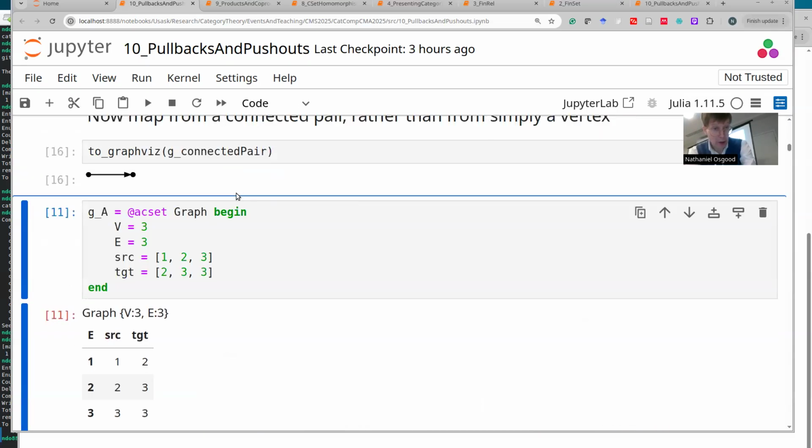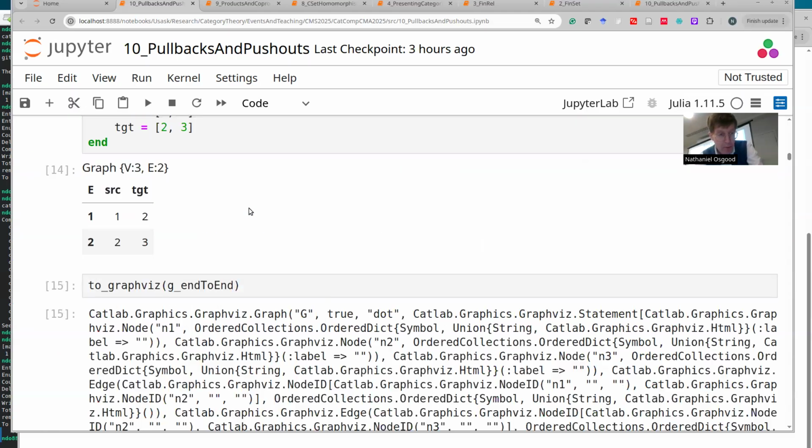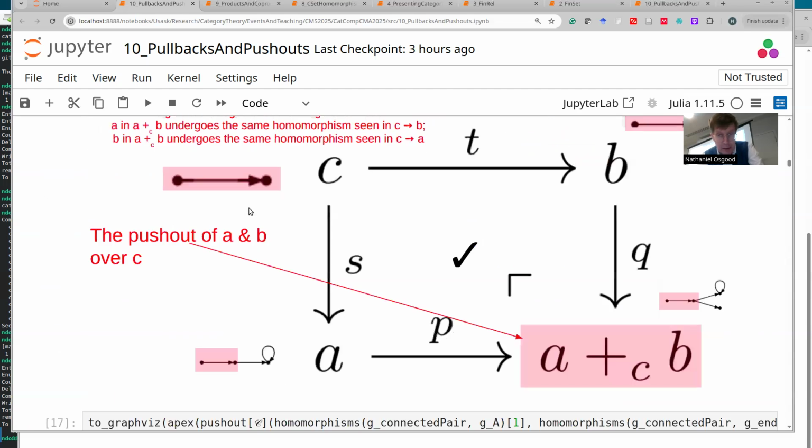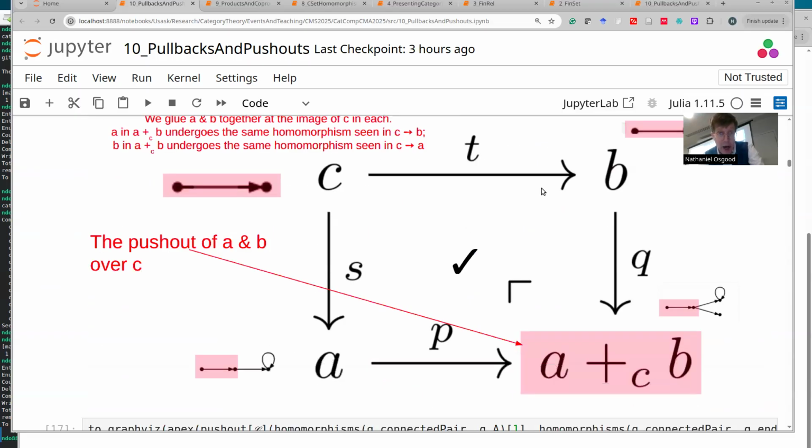By doing something similar, we specify the homomorphisms. Now we're going to do something a little bit more textured. We're going to take a pushout, but instead of taking a pushout around a single vertex, identifying a single vertex, we're going to do it around an edge. So C is still going to be a graph. It was a graph before, just a particularly degenerate graph, just a vertex.